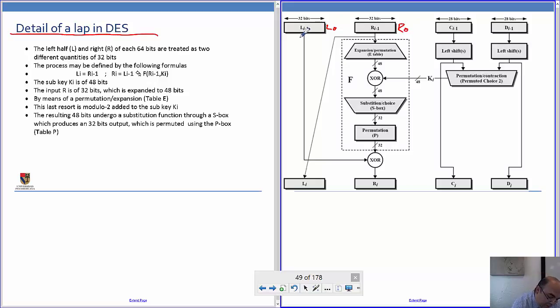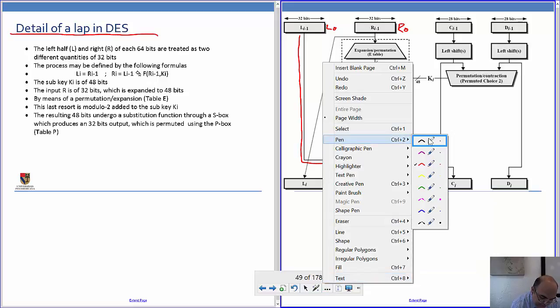Then, the left one is really easy. We will just go and put it almost on that XOR. The right side, we don't do anything to it. We just swap sides. So this right side, let me change color.